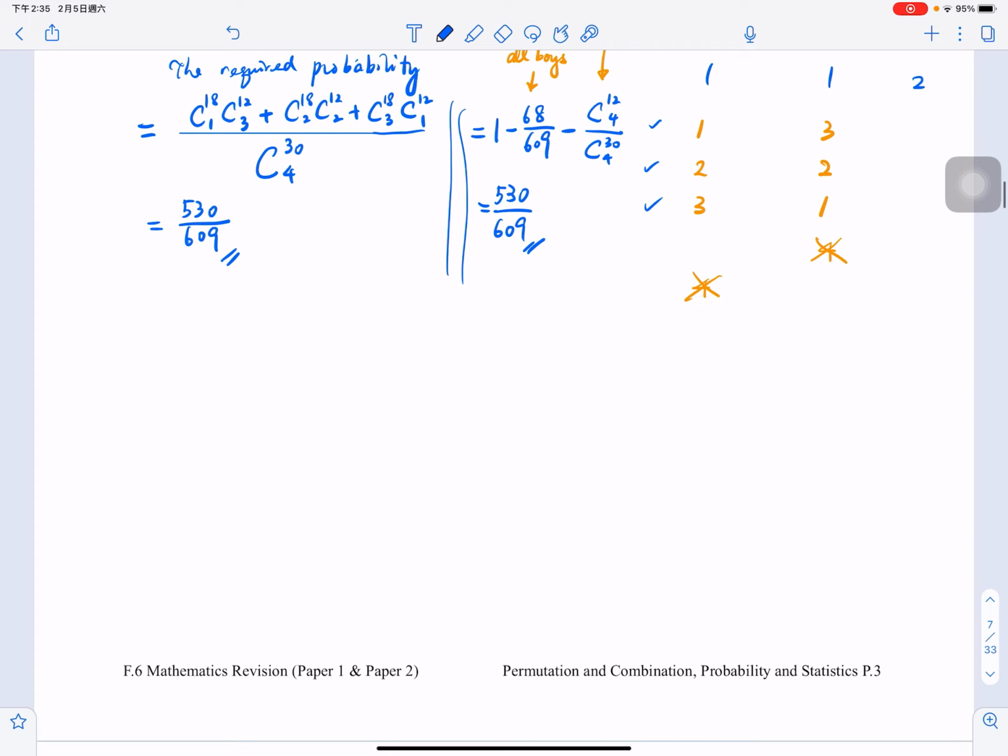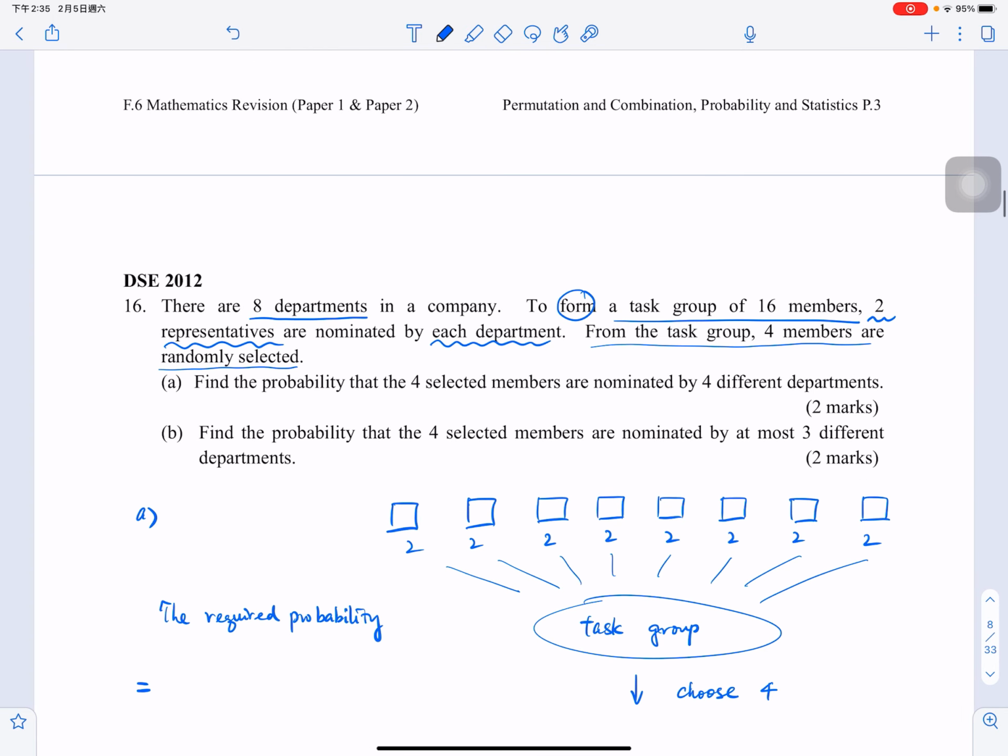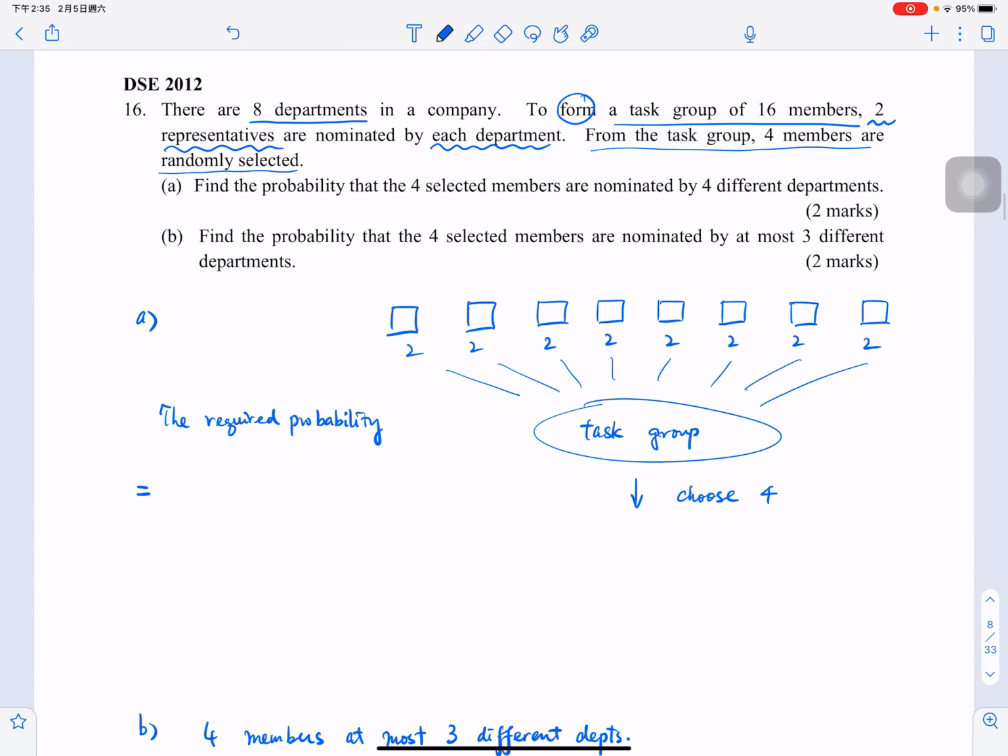Okay, so let's see. In 2012, that year, they asked this question. It seems a little bit complicated, but when you study it carefully, you can still find the answer. Now have a look. There are 8 departments in a company. To form a task group of 16 members, 2 representatives are nominated by each department.